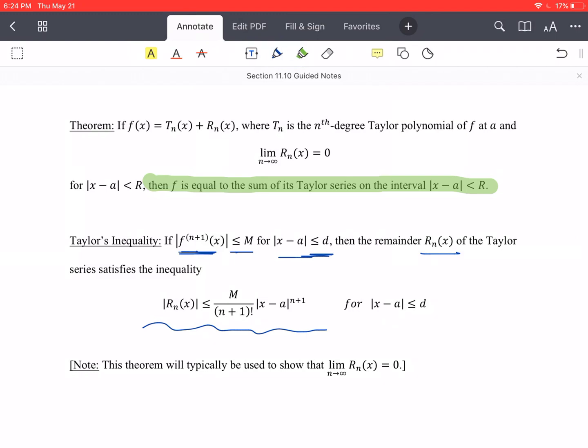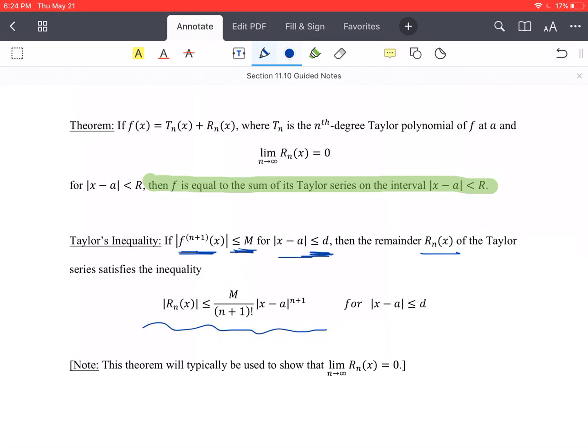M and d are constants. We want to see that if the n plus 1th derivative is staying within a certain boundary and x is staying within a certain distance d, then the remainder stays within this value.